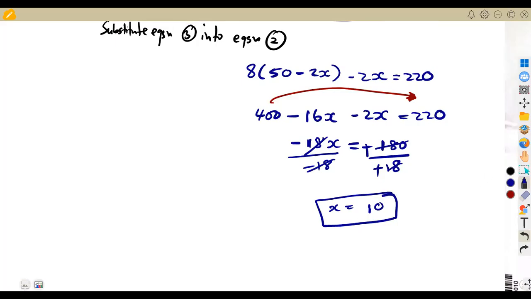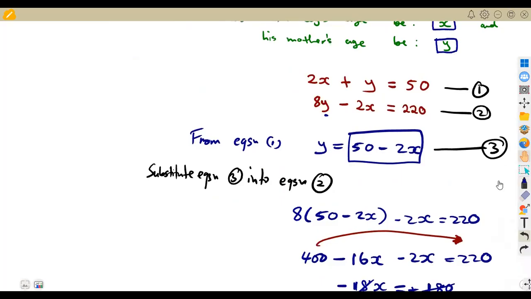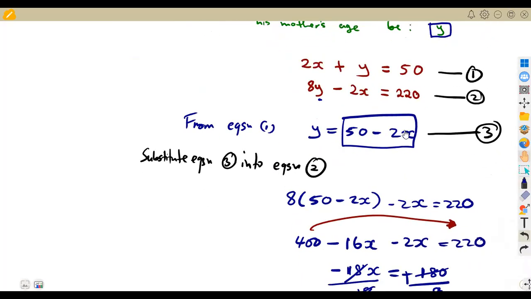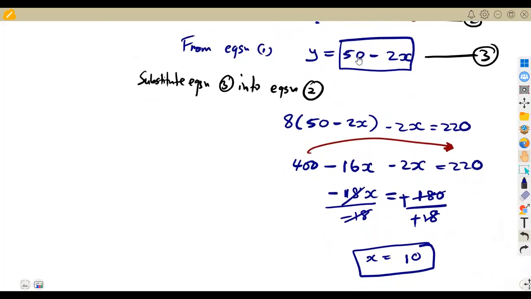So if x is equal to 10, to find the value of y, like I always say, you can substitute in any of these equations: equation 1, equation 2, equation 3. But of all these equations, equation 3 is the best to use because y is already the subject.